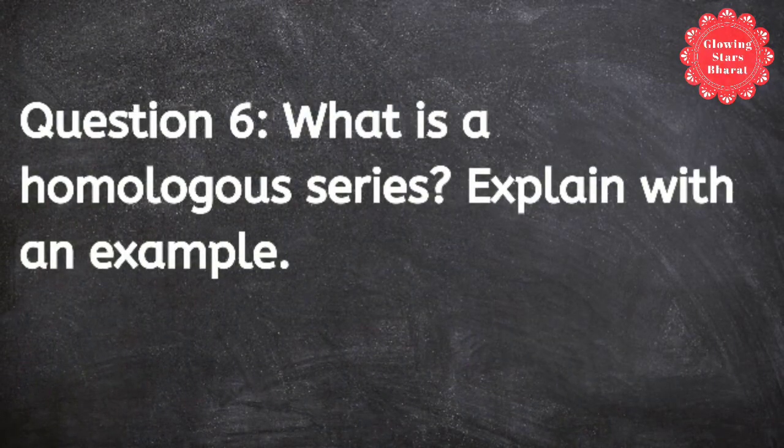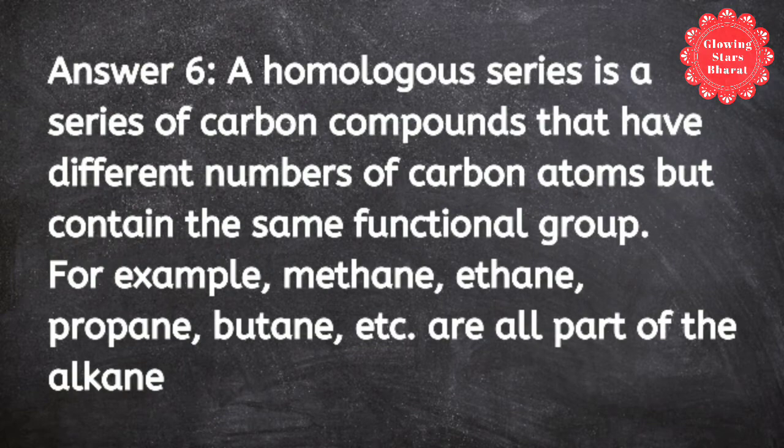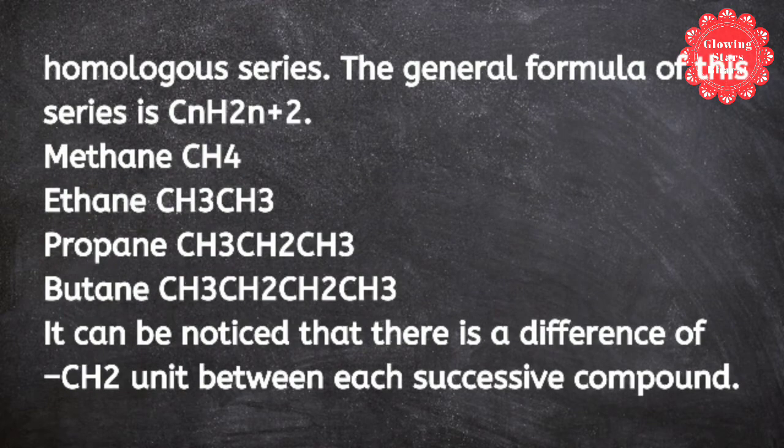Next, question number 6. What is a homologous series? Explain with an example. Friends, a homologous series is a series of carbon compounds that have a different number of carbon atoms but contain the same functional group. For example, methane, ethane, propane, butane, etc. are all part of the alkanes.